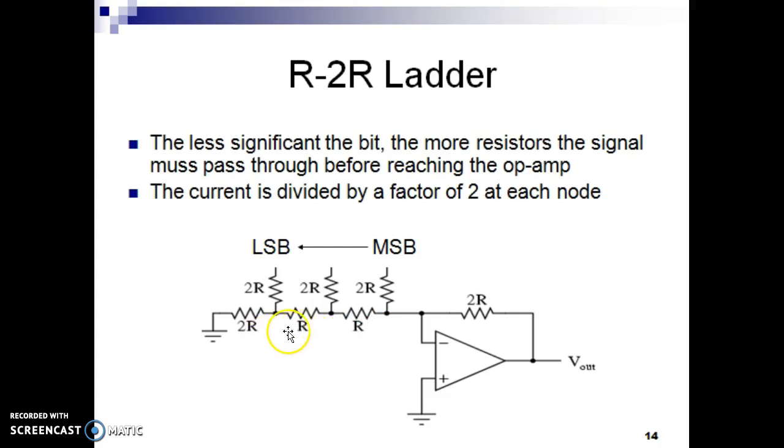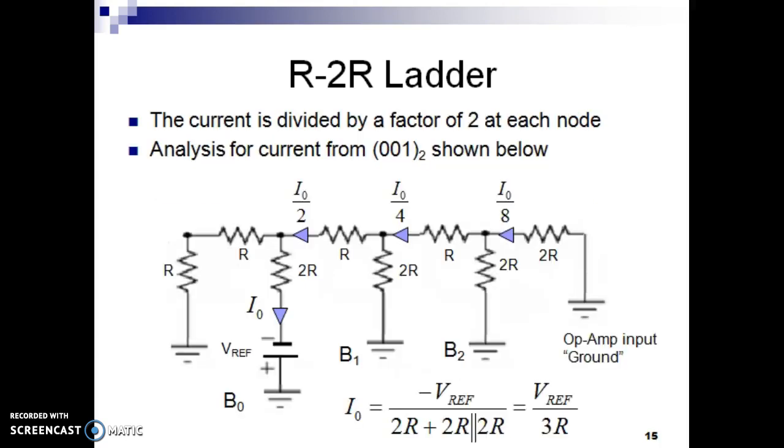At every step the current is divided by a factor of 2 at each node, and that's how we can understand the most significant bit and least significant bit in a digital to analog R-2R converter. More illustrations are given here.